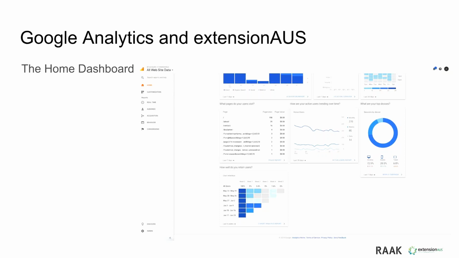I guess quickly we can see here that for extensionAUS, 73% are on a desktop, 20% are on a mobile, and 6.8% are on a tablet. So when it comes to web design or future enhancements of the website, that's good to know. Given the fact that most of the use comes from a desktop, it's good to focus on the desktop.